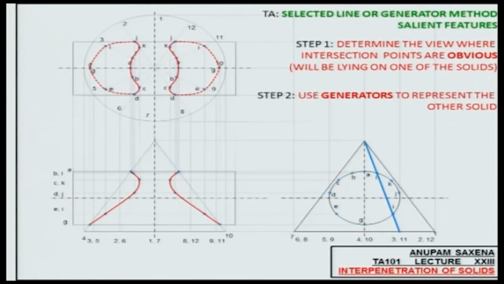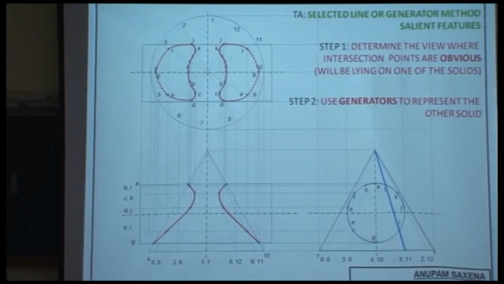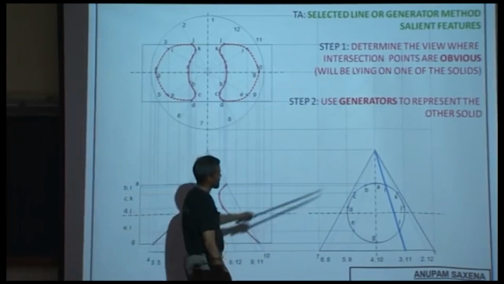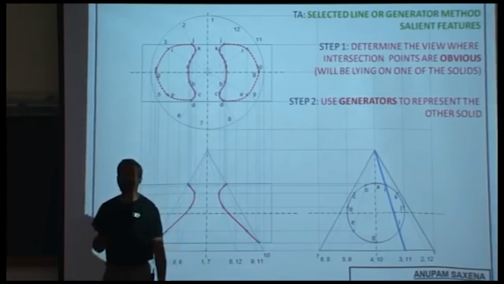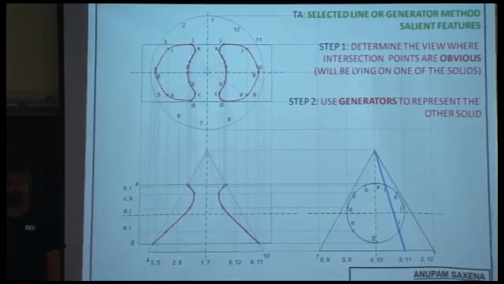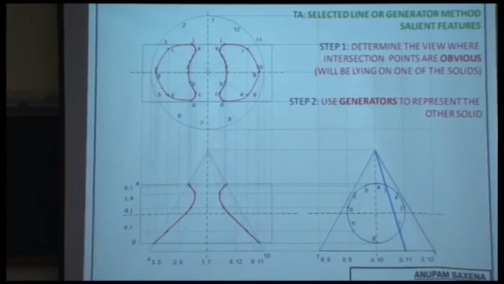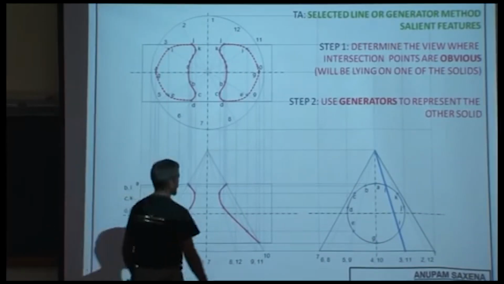For example, this line would be a line on the slant surface of the cone. So this line is 3 11. Okay? Line 3 11. In fact, these are two lines. The first one is towards you, and the second one is away from you, that's behind the cone, right?